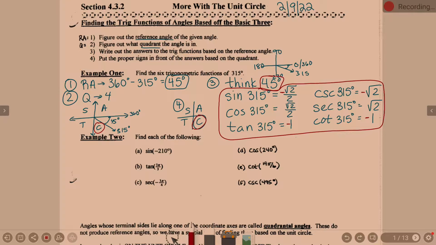Oh, that's going to be part of the battle, knowing what quadrant it's in. And there's a couple different ways we can talk about this one. Okay, so sine of -210 degrees. First of all, you can try and visualize where -210 is. Thoughts?